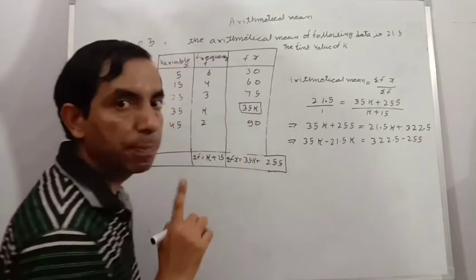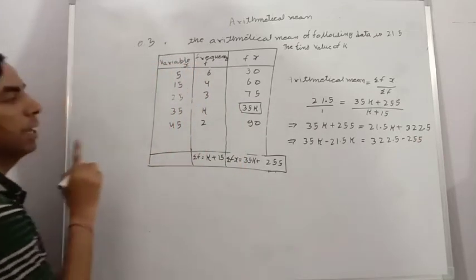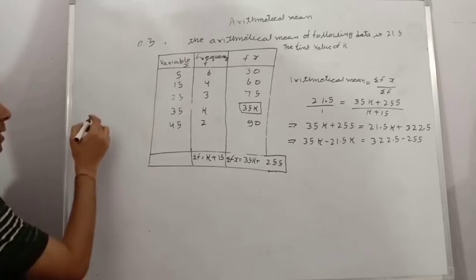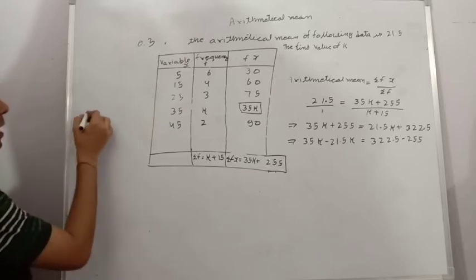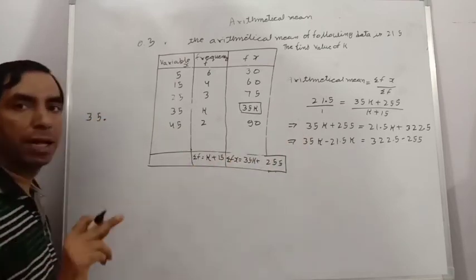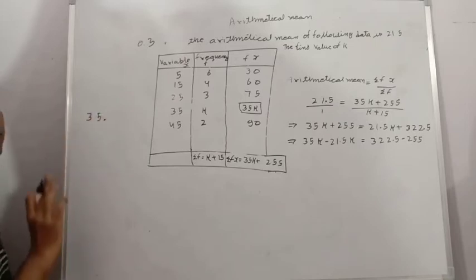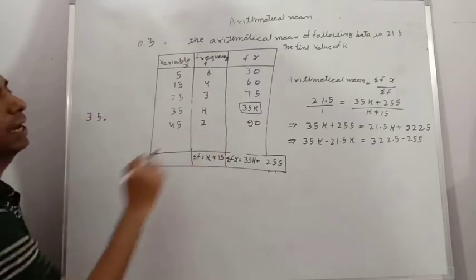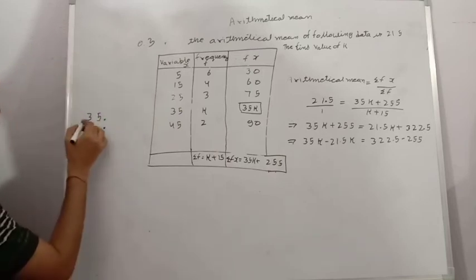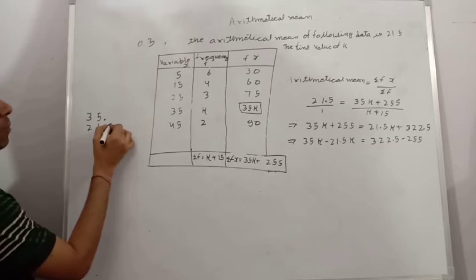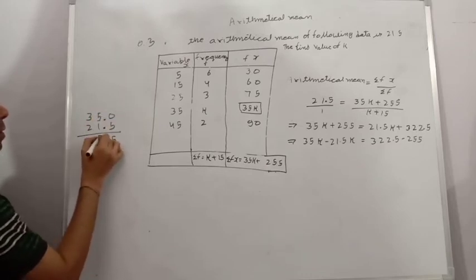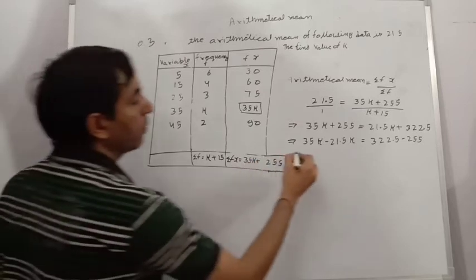In decimal subtraction, always remember, if a number has a decimal, then write the decimal; if a number does not have a decimal, then write the decimal at the end of the number. So 35k has no decimal, so we write it at the end of the number. And subtract 21.5, the decimals come in a line. So the left-hand side number is 21 and the right side number is 0.5. Subtract it, then we get 5, 3, 1, means 13.5.